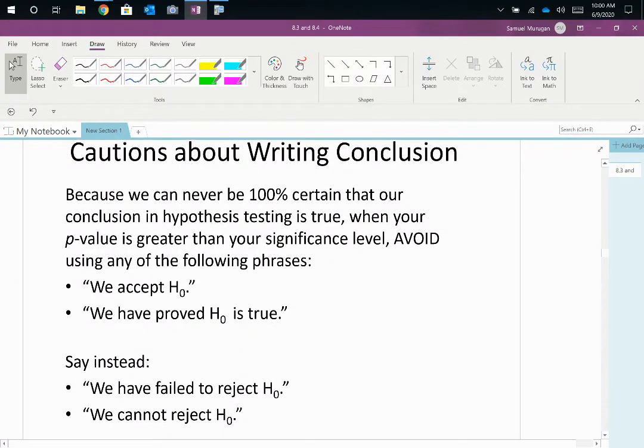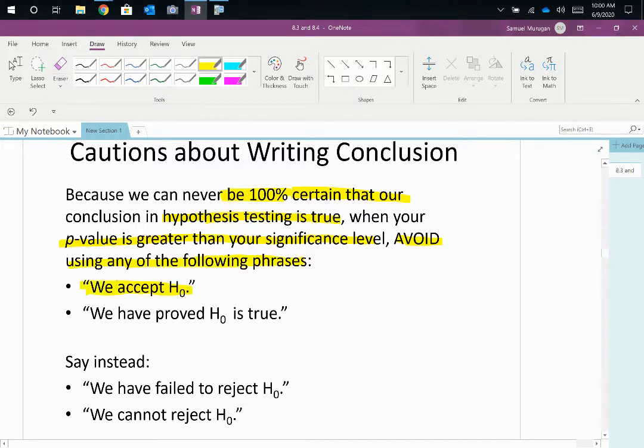Here are some cautions about writing conclusions. Because we can never be 100% certain that our conclusion in a hypothesis testing is true, when your p-value is greater than your significance level, avoid using any of the following phrases.